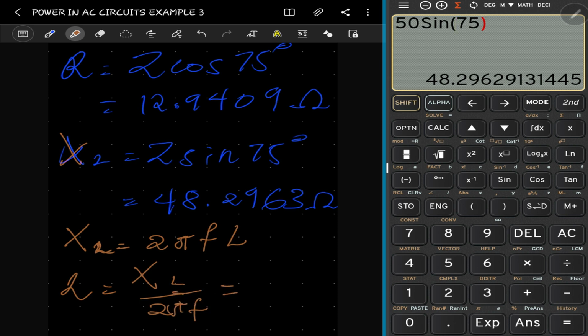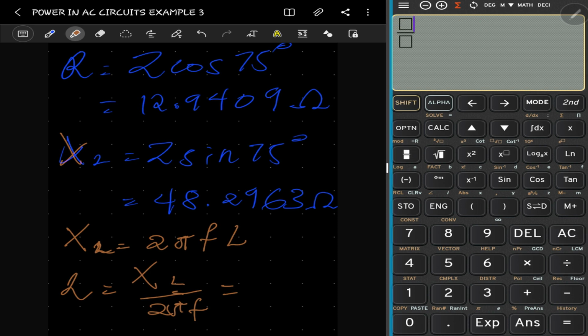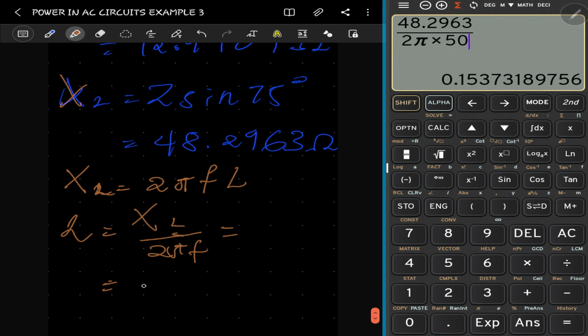So let's see. We have our XL to be this: 48.2963 on 2 pi, and the frequency is 50, right? Approximately 50.